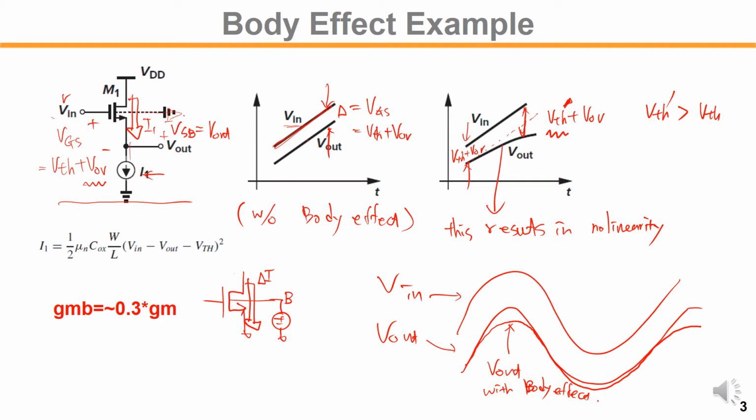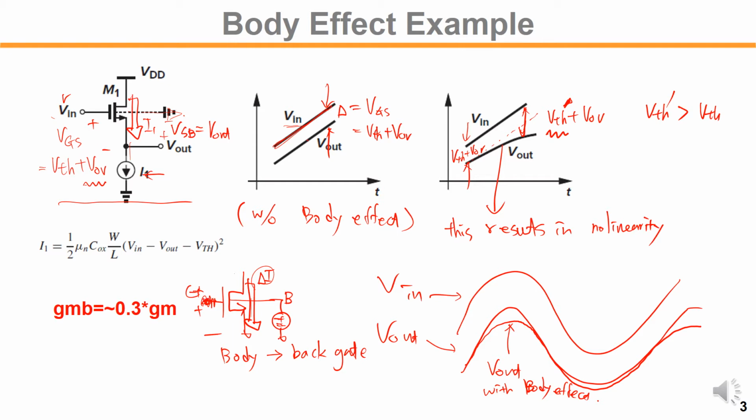So the body can be considered a backgate. We have the gate terminal, and a change in the gate voltage creates delta I. Also, a body voltage change creates delta I. The amount of current variation is around 0.3 times that of the actual gate.